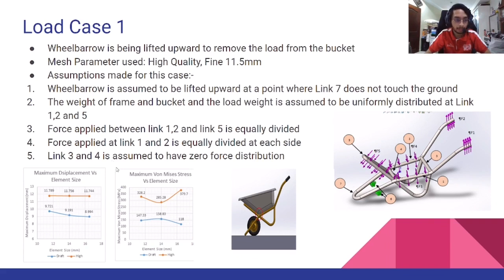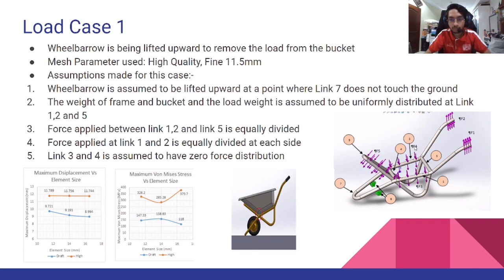So the second assumption is that the weight of frame and bucket and the load weight is assumed to be uniformly distributed at link 1, 2 and 5. Third, the force applied between link 1 and 2 and link 5 is equally divided, which means that link 5 withstands 50% of the total weight.